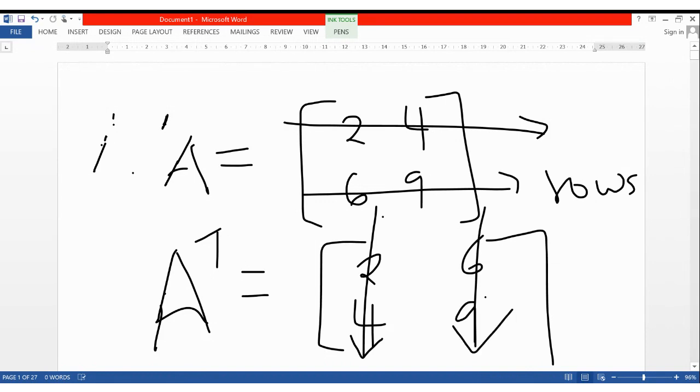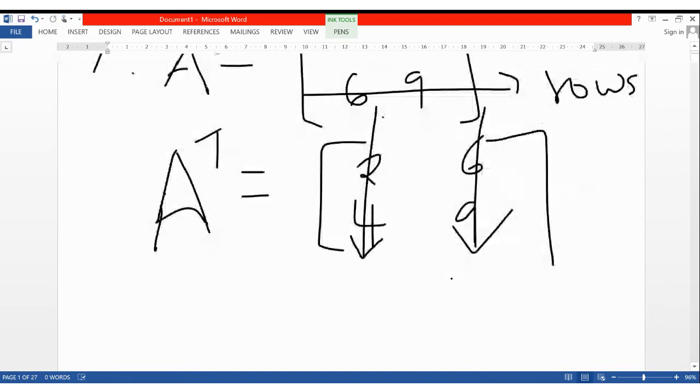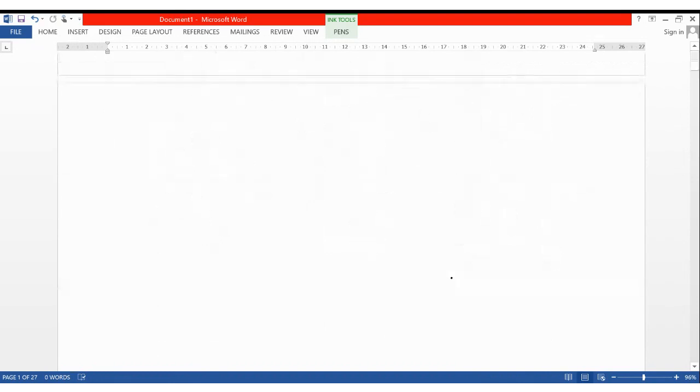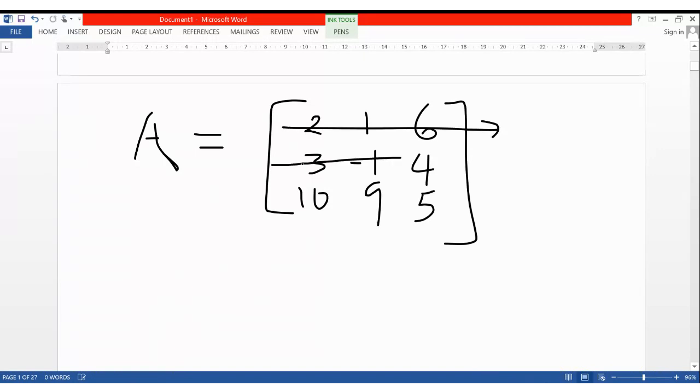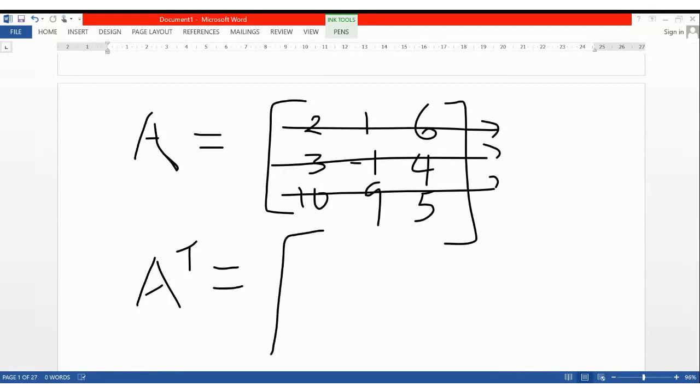I can do another one for a 3 by 3 just to demonstrate. 2, 1, 6, 3, -1, 4, then 10, 9, 5. So I'll have these ones. These are the rows. Now the transpose: basically, 2, 1, 6 will become my column.